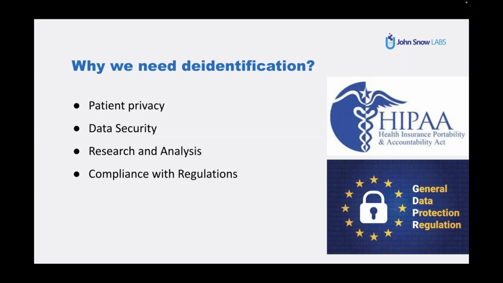There are some strict regulations over there. Data security is another reason. By removing the PHI data, the risk of data breaches and unauthorized access is significantly reduced. This helps to keep the private data from the wrong hands.